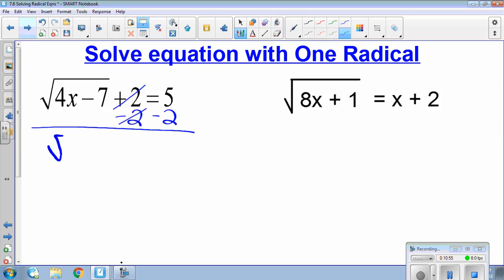So I have the square root of 4x minus 7 equals 3. Can I add 7 to both sides now? No, can't. It's protected. It's in witness protection. You can't touch it till you get rid of that radical. You can't get rid of that radical until you do what? Square both sides.